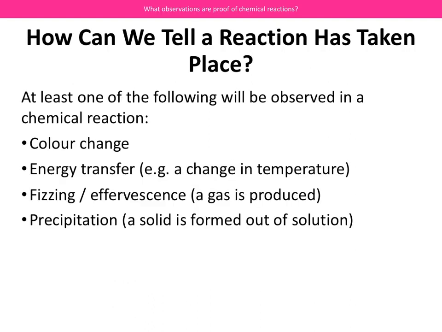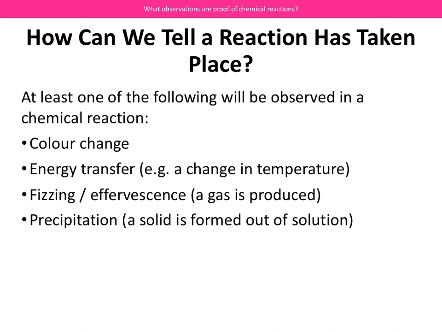So there are four possible signs. So colour change, very visible, very easy to see. Energy transfer. Now, this is going to be the case with every single reaction. So there will always be an energy transfer, but that isn't always something you can see. If the transfer was in the form of light, or you've got an energy transfer in the form of sound, then that is an observation that you can make quite easily.